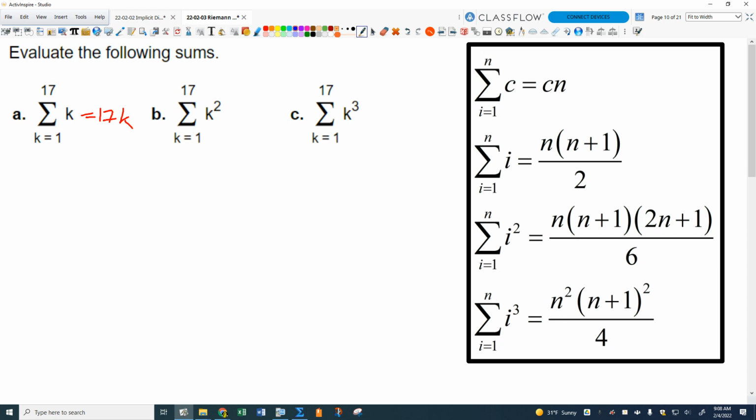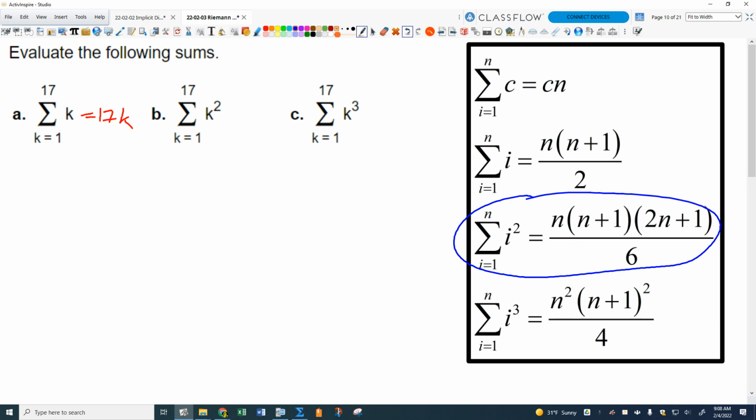Okay, how about the next one? How about B? Well, we could put that in a calculator, but we could also just use this one. Just use that summation formula, right?